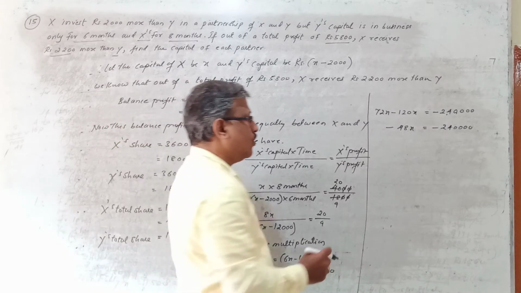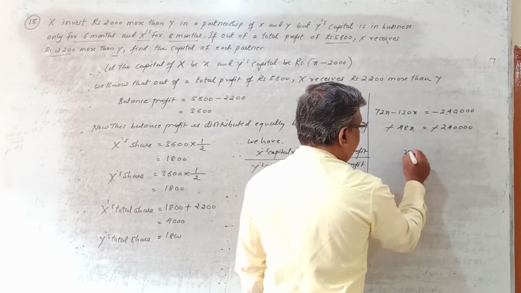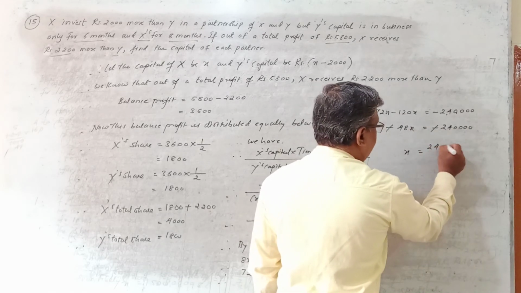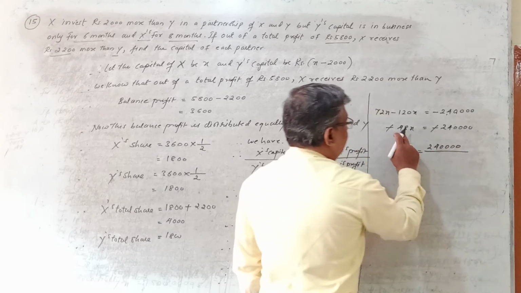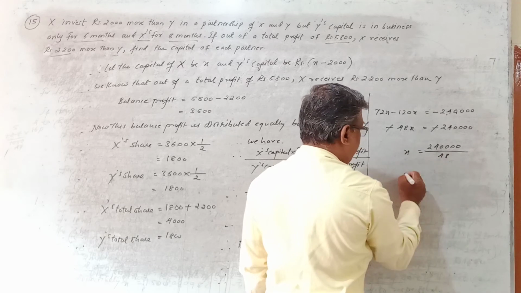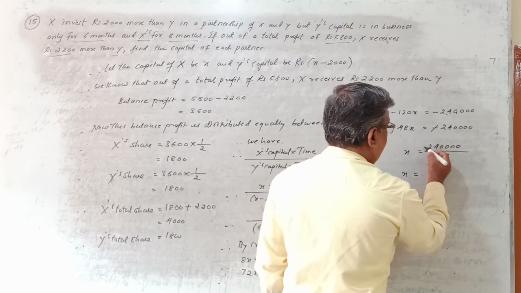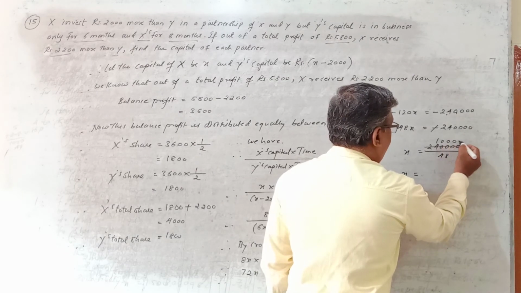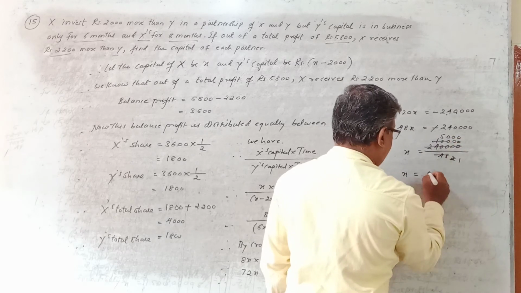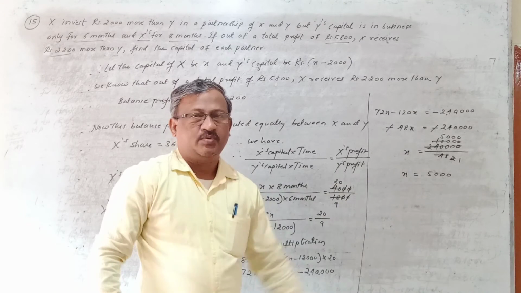Now this minus gets cancelled, and I want the x value, so bring this x outside. So x is equal to 2,40,000 as it is. Transfer 48 to that side, so this multiplication becomes division. So divided by 48. So x is equal to 2,40,000 divided by 48, which comes to 5,000.